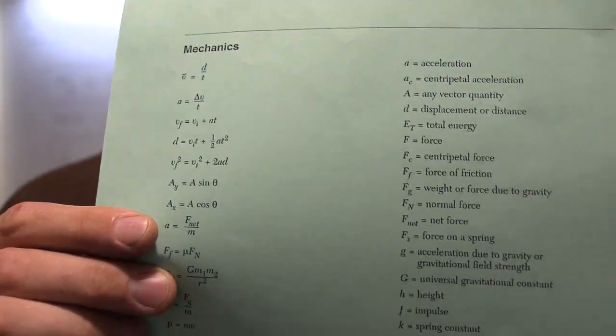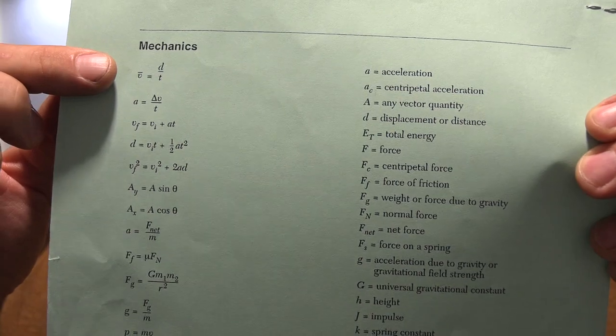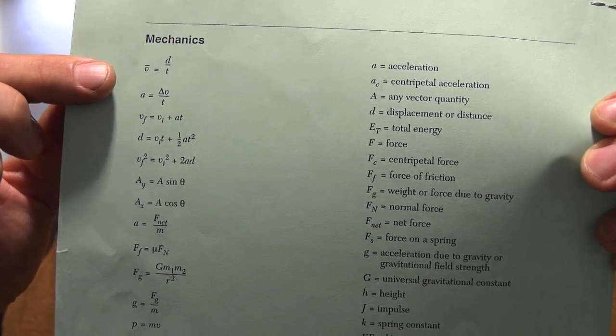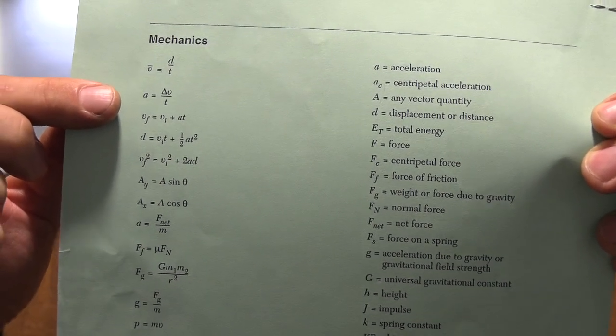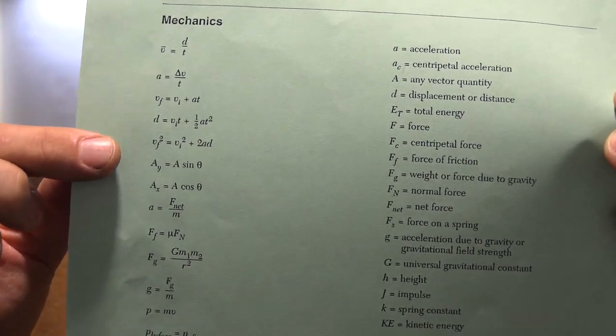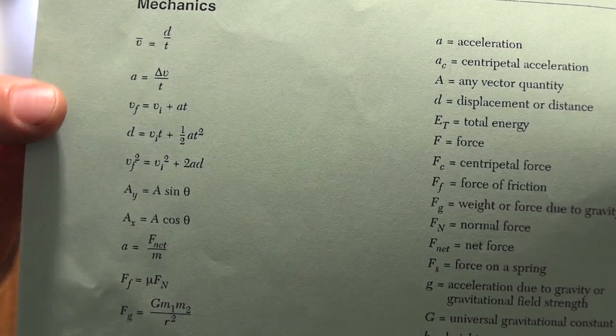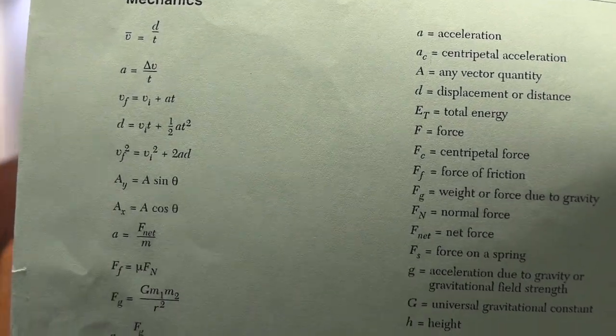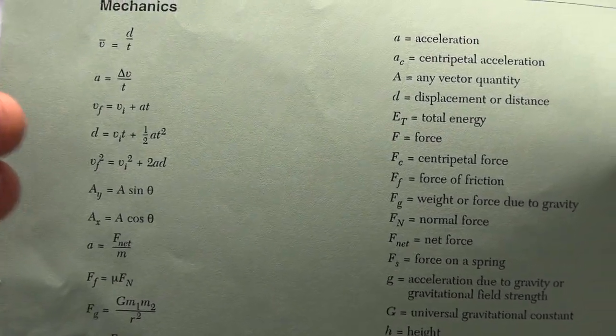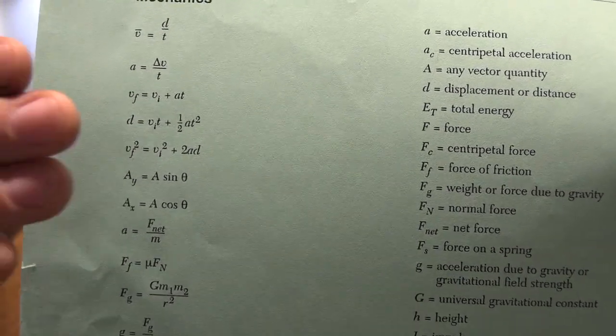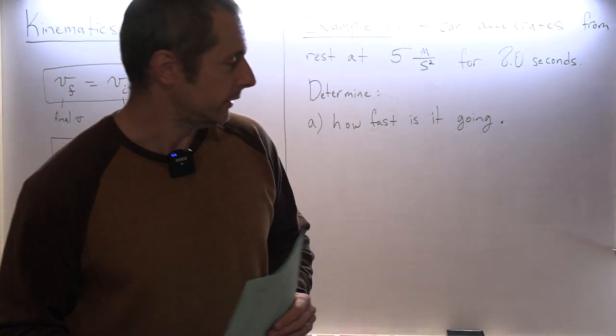Right here near the top, you can see the formulas that we learned yesterday: v equals d over t, a equals delta v over t. They're there. But also the three formulas that we just wrote down in your notes are right here. So you should always make it a habit to go back into the reference table to find the formulas.